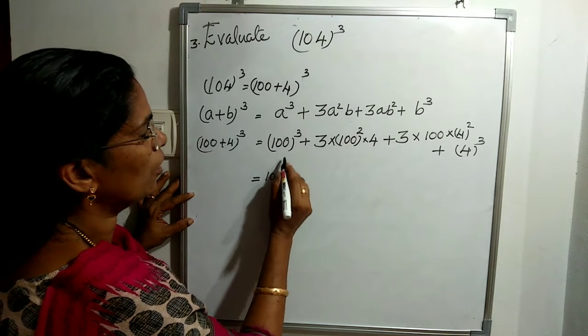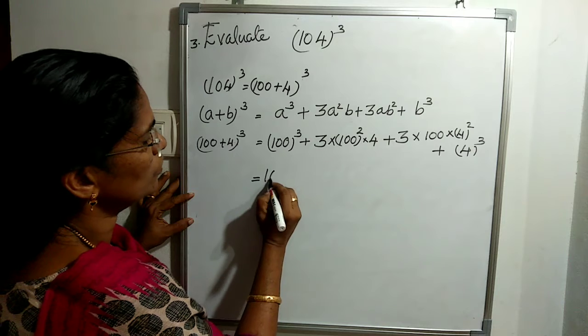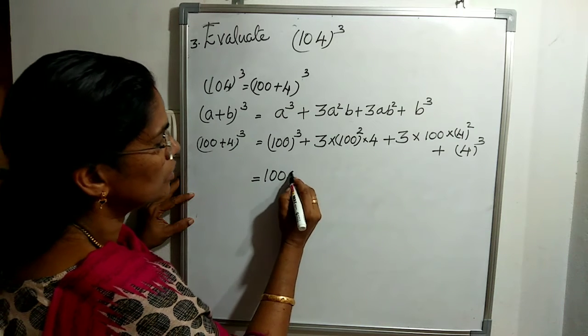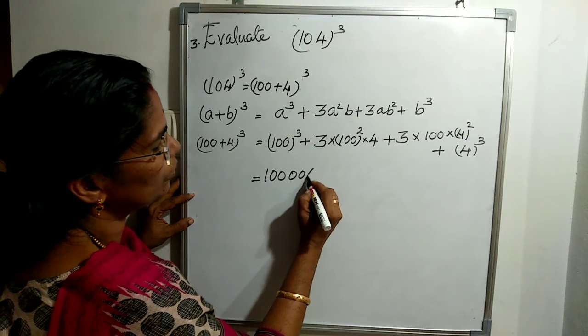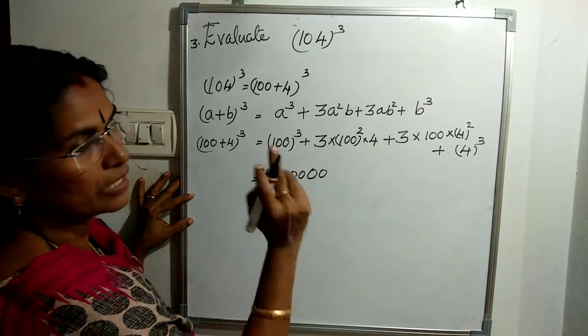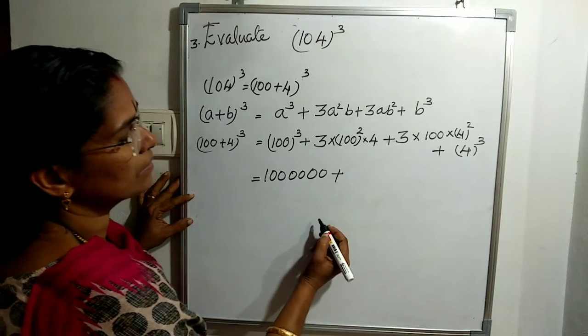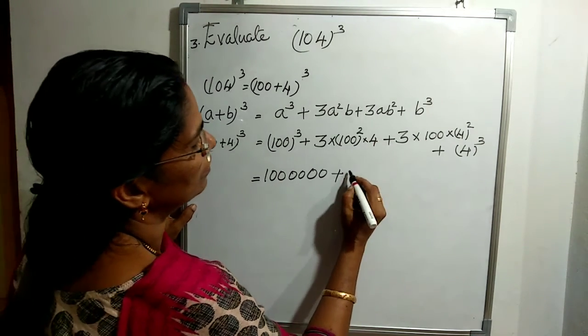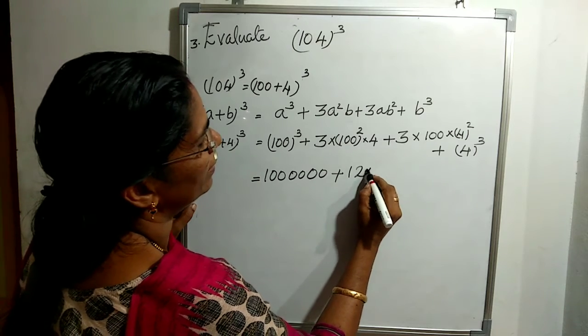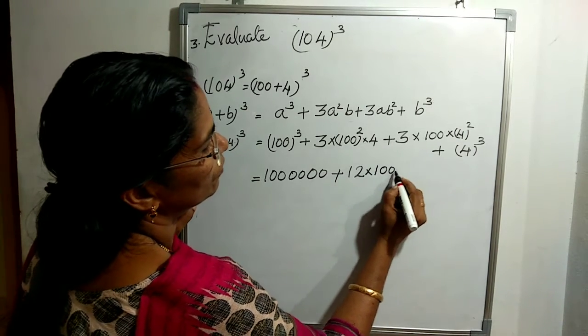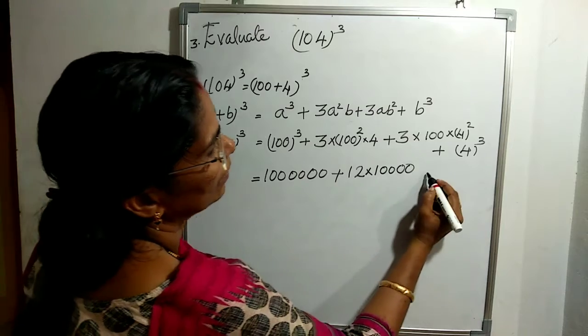100 cube: first check how many zeros are there. Here 2 zeros, and in cube 2 more zeros will come, so total 6 zeros. Plus 3 into 4 is 12, 100 square is 4 zeros.